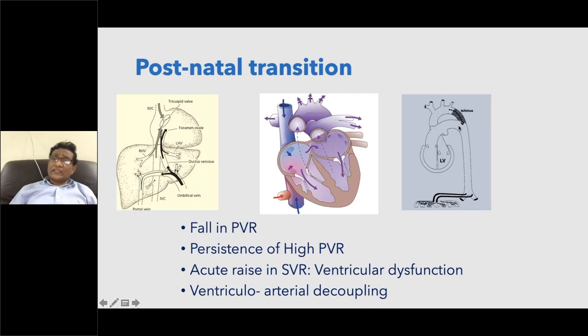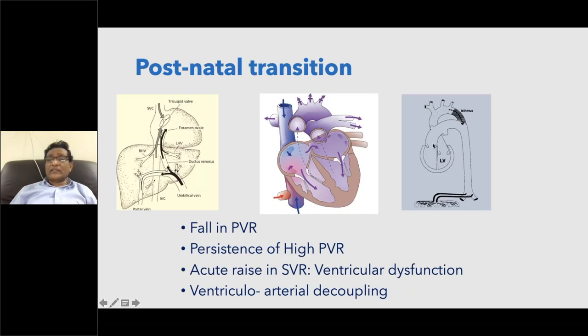Similarly, because the duct is getting closed, the right ventricle cannot pump into the descending aorta. If there is any obstruction to the pulmonary veins, the pulmonary vascular resistance will not fall.